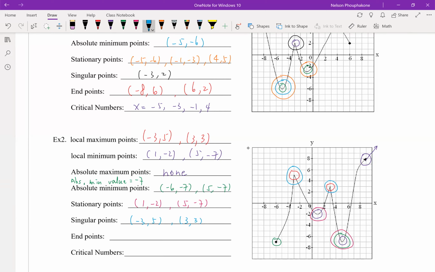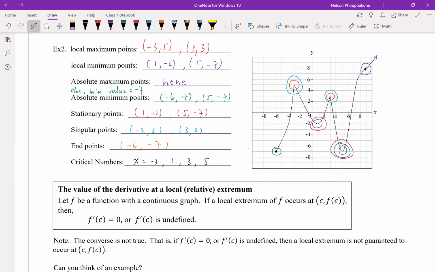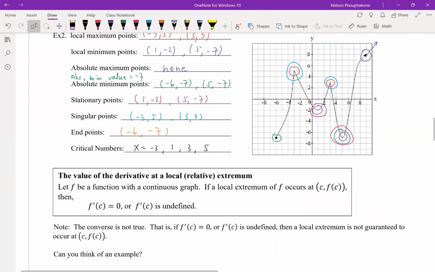And endpoint, we only have one endpoint, (-6, -7). And then my critical numbers, x equal to -3, 1, 3, and 5 then. Okay. Okay, so now let us look at the next one.